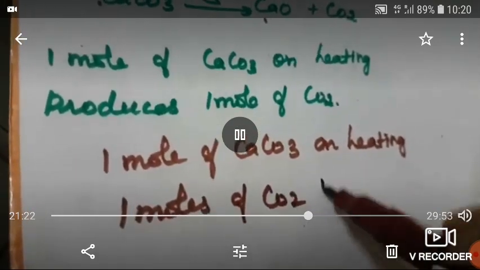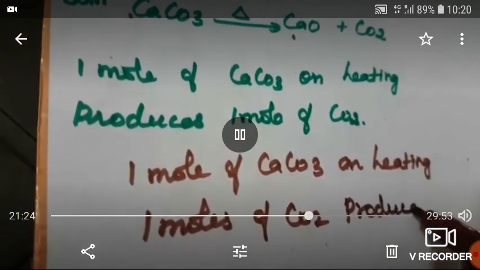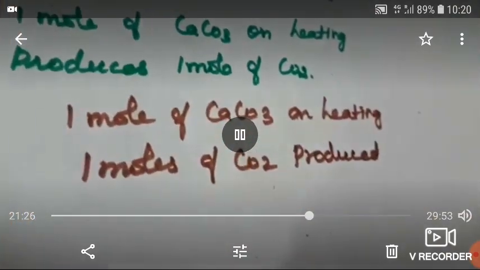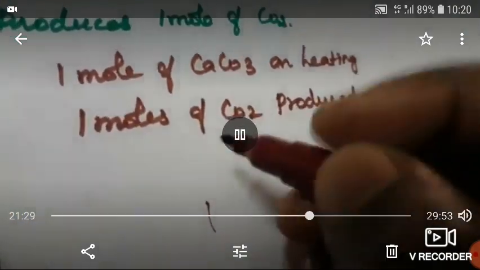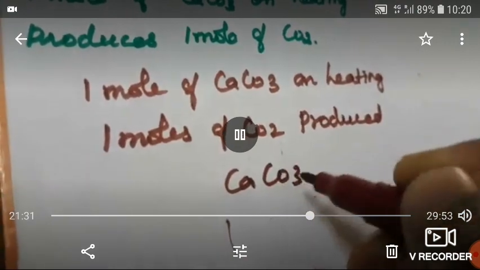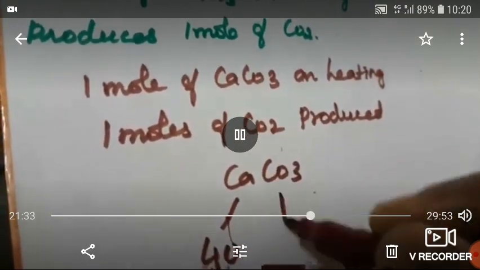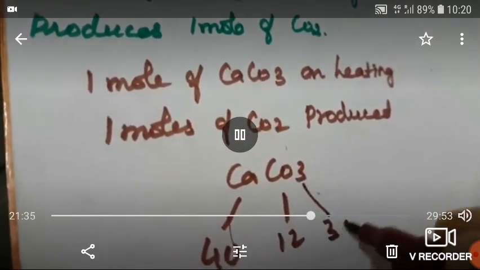So 50 gram of calcium carbonate, heating produces how much carbon dioxide? What is the molecular mass of calcium carbonate? Calcium 40, carbon 12, oxygen 3 into 16.